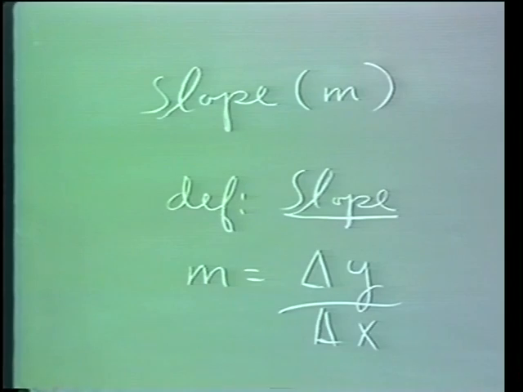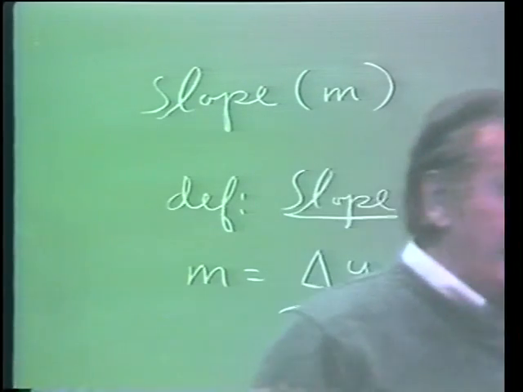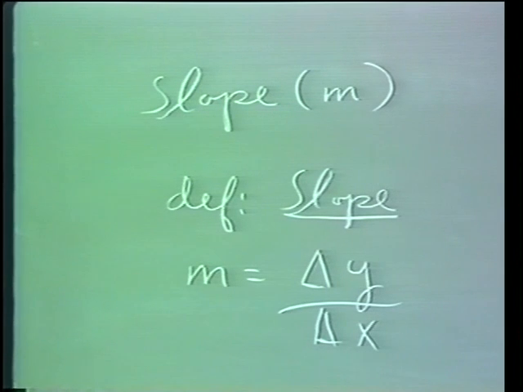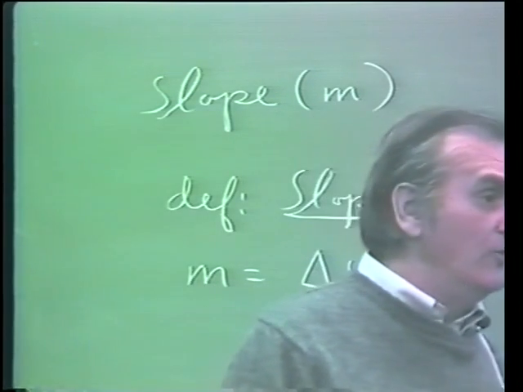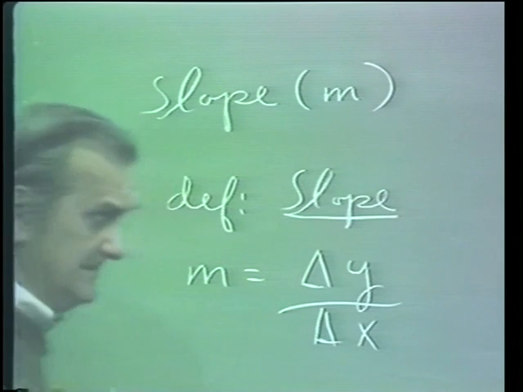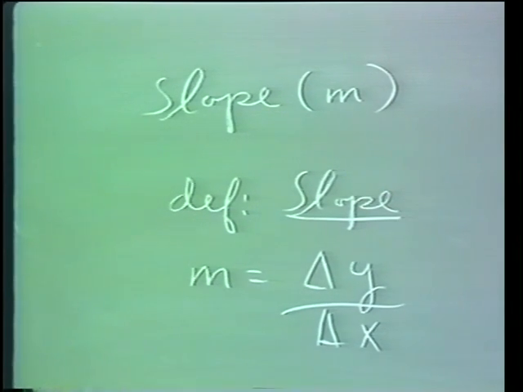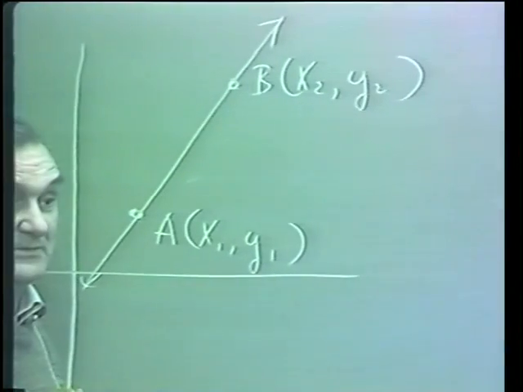Now in math, or in any area that employs math, such as business, biology, physics, delta means change. That's all it means, change. So slope is nothing but change of y over change of x. Well, let's see. If y goes from y1 to y2, how does y change?